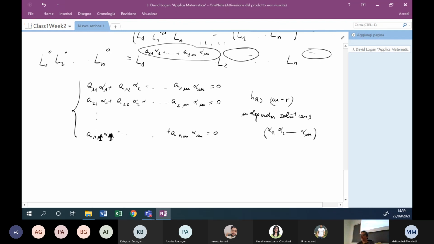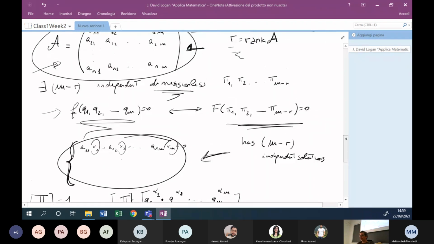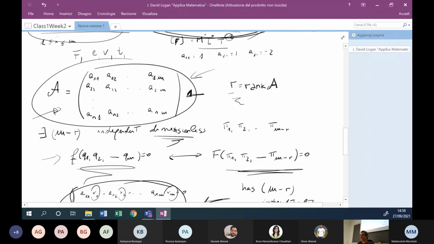Again, this begins from the fact that this is the linear system which corresponds to the matrix A, which is a matrix of rank r.